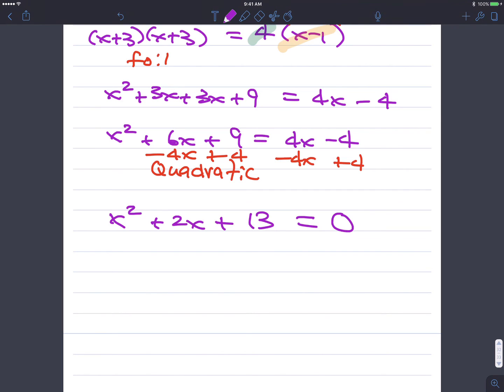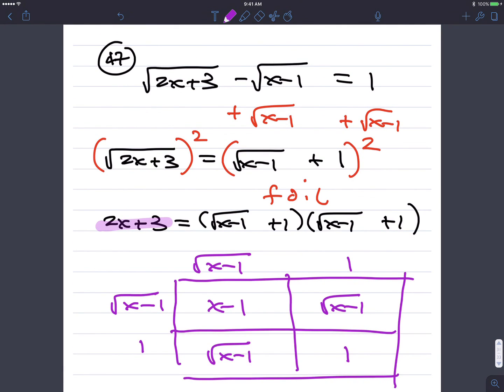Let's double check. 4x minus 4, okay, x squared plus 6x plus 9 is 4x minus 4. Subtract my 4x, we get 2x. Add my 4, 9 and 4 is 13. Okay, let's double check here. 2x plus 3 minus x minus 1 is 1. Let's check our work here.